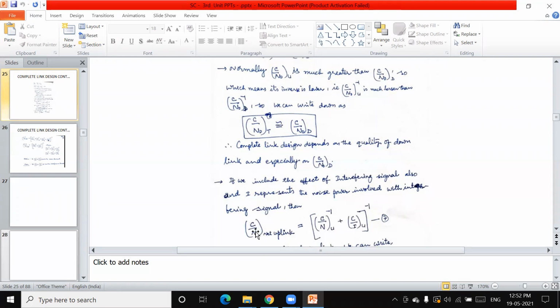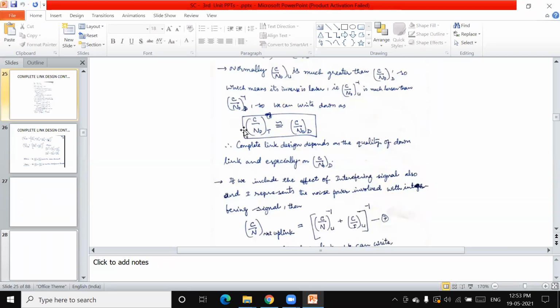C by N uplink and C by N downlink are added, and with that we give the conclusion. Two more steps are there, and we will see them in the next class.